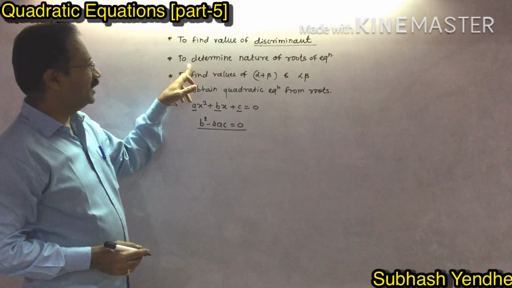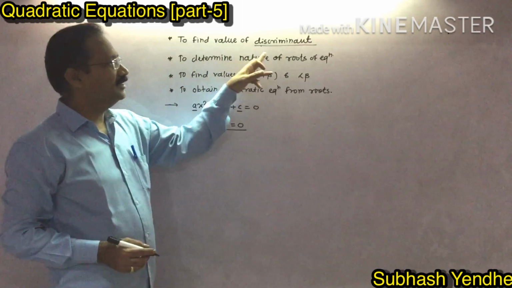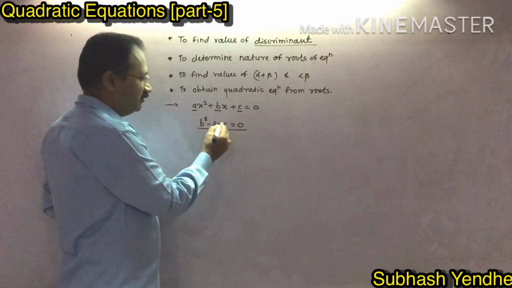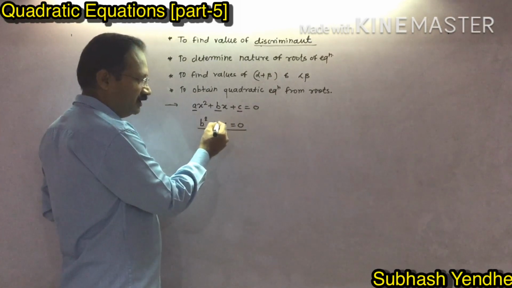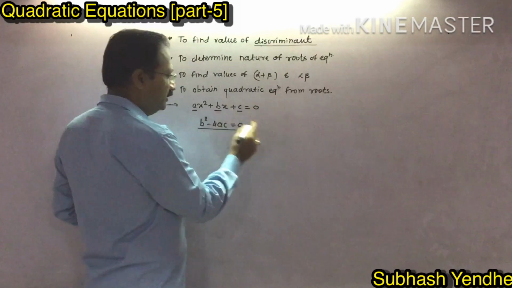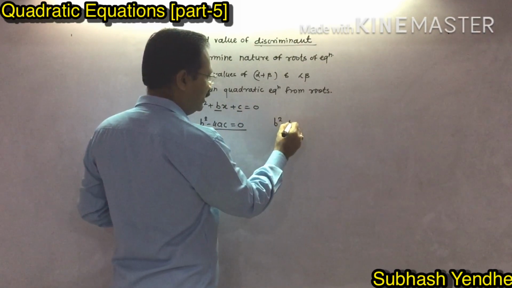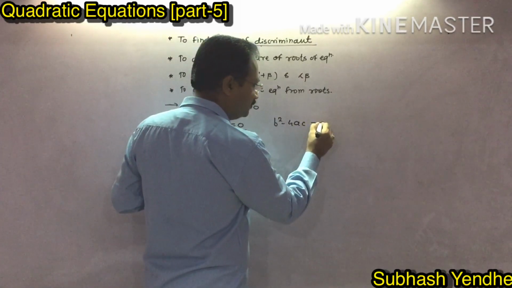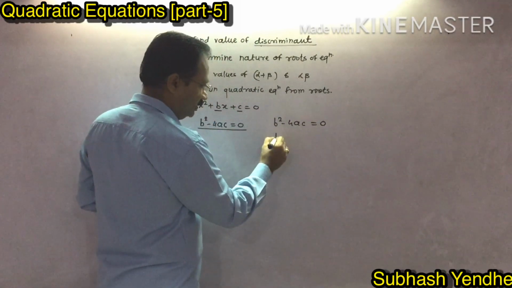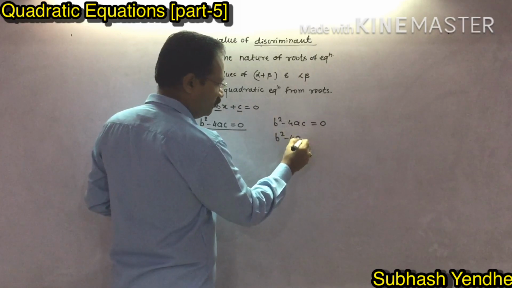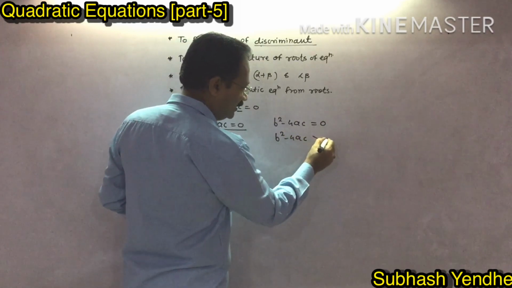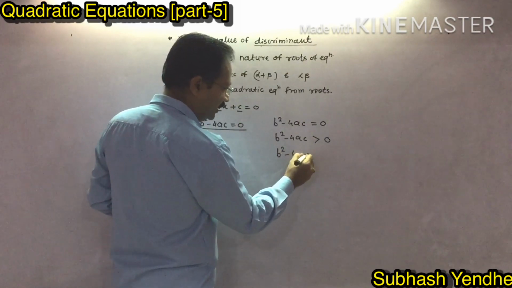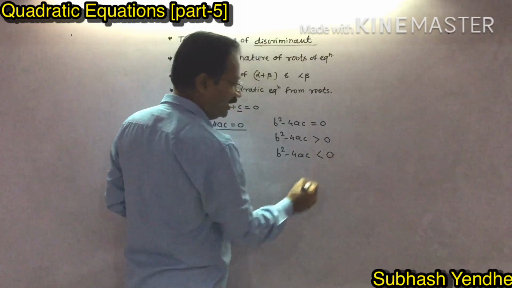Okay. In second part, to determine nature of the root of the equation. Here you have to find out the value of b square minus 4ac. Either it is equal to 0, or greater than 0, or less than 0.